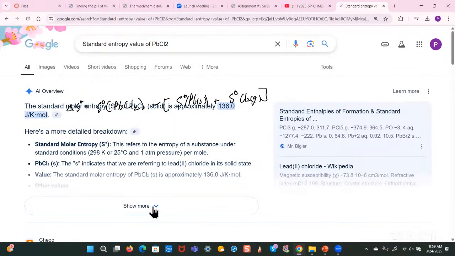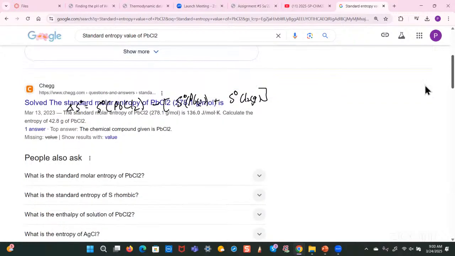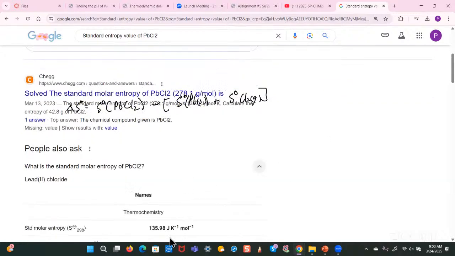Okay, according to this, this is equal to 135.98 joules per mole Kelvin. All right.